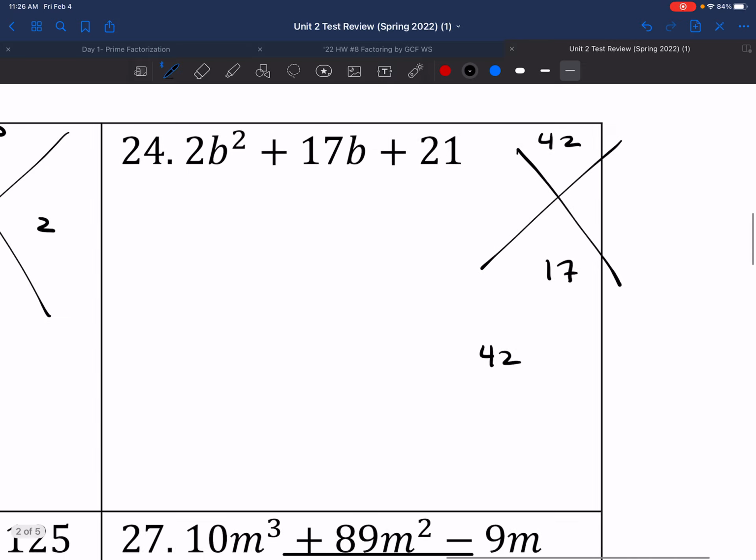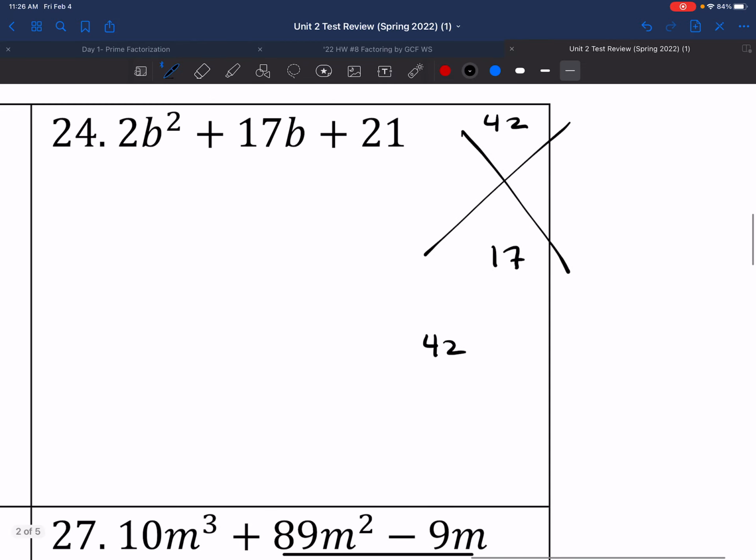Sometimes this might take me a little while to figure out. Can I do, let's see, 42 divided by 6.